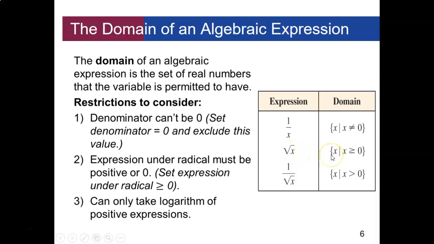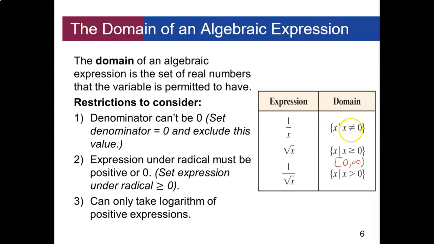And so our domain on this one will be the set of all x such that x is greater than or equal to 0. And if you were writing that in interval notation, our interval notation for that would be the bracket 0 to infinity.